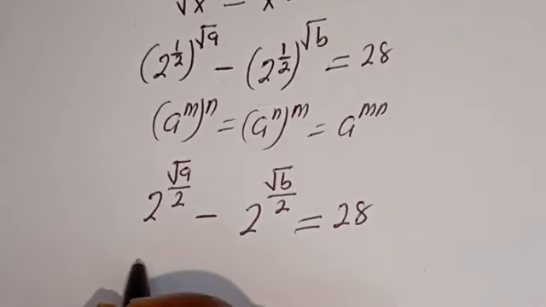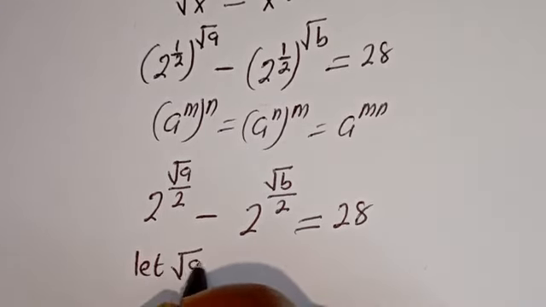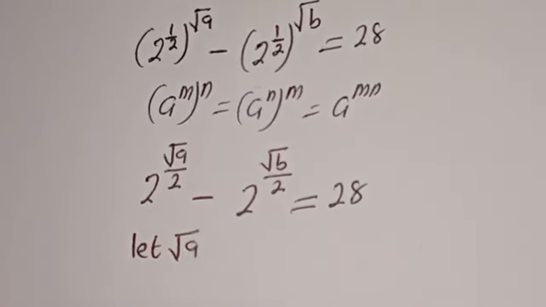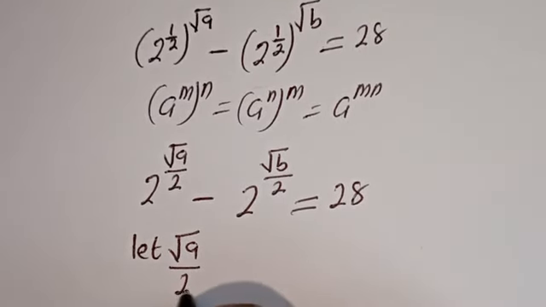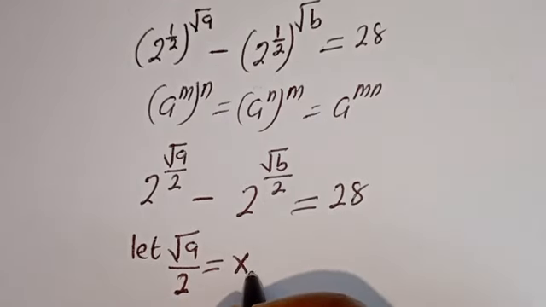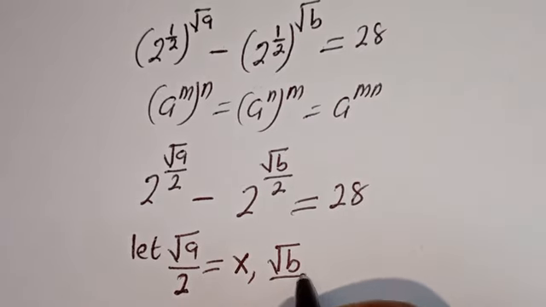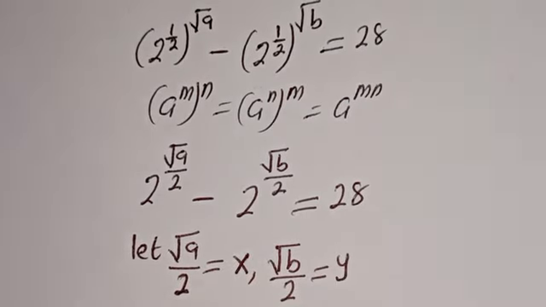Then from here, we let square root of a divided by 2 is equal to x, and then square root of b divided by 2 is equal to y.